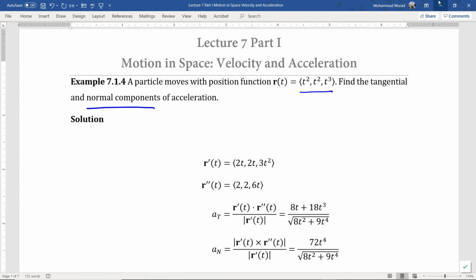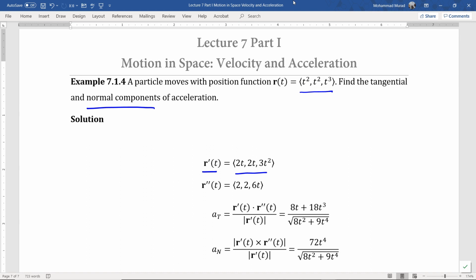To calculate the tangential and normal components of the acceleration vector, we first calculate the acceleration vector. So we first compute the velocity vector r prime, whose components are 2t, 2t, 3t squared.